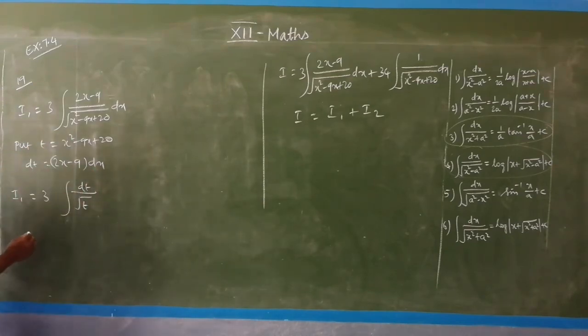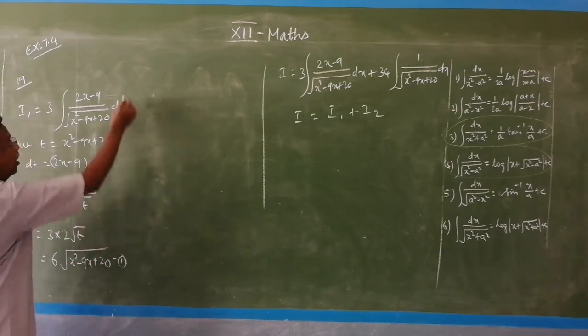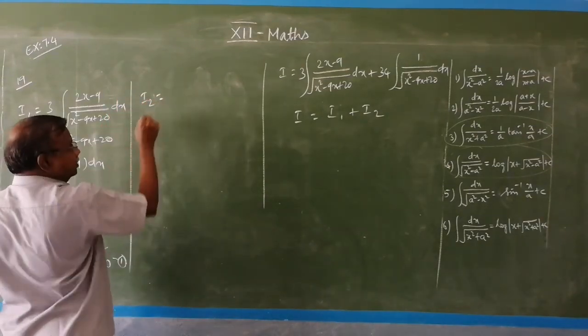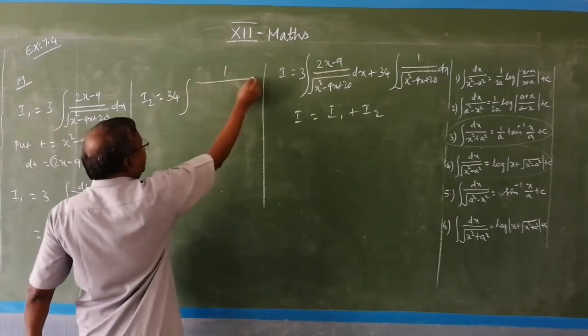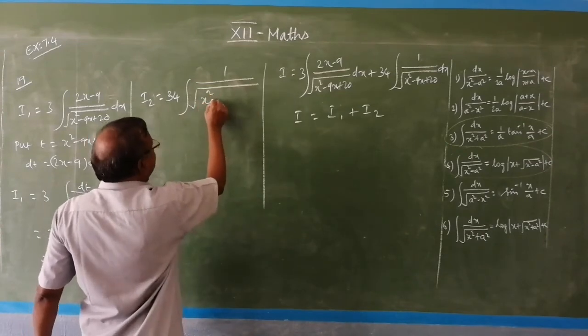So, 3 into integrating gives 2 into root t, that is 6 into root of x square minus 9x plus 20. Say this is 1.